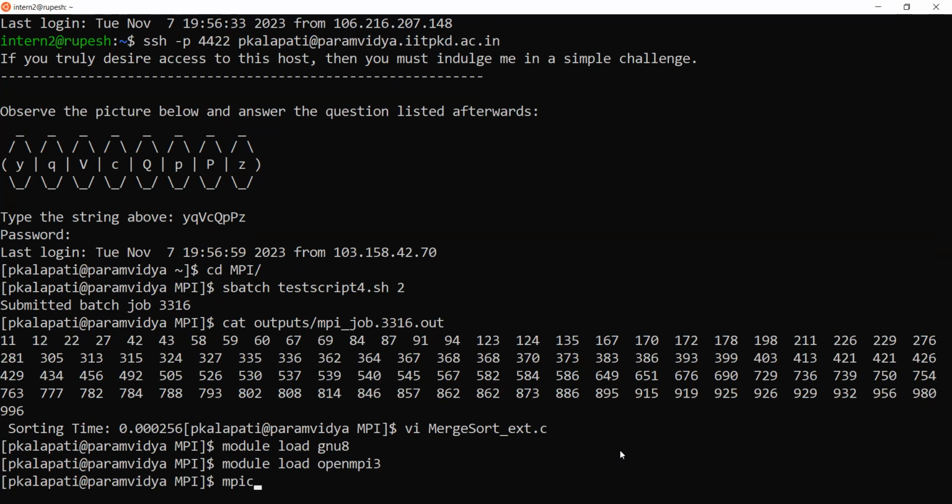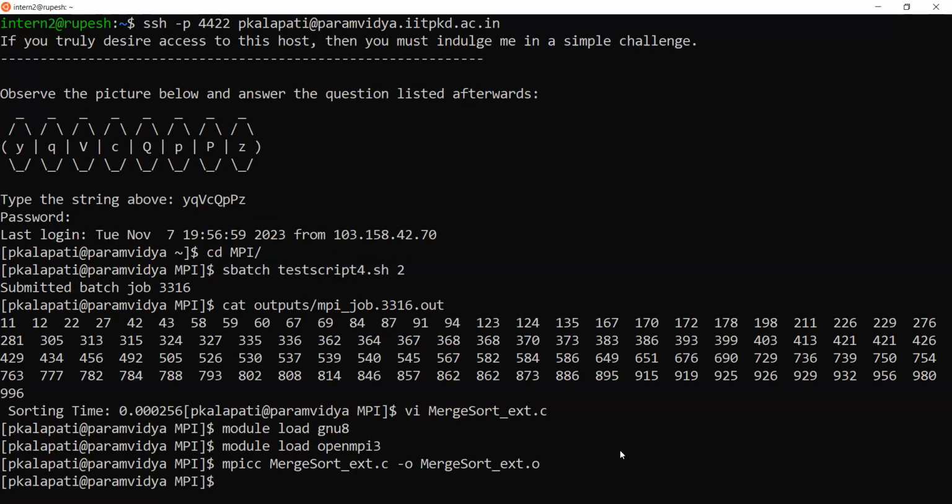How can I compile it? mpicc merge sort extension.c -o merge sort extension.o. Okay, now it is successfully compiled.